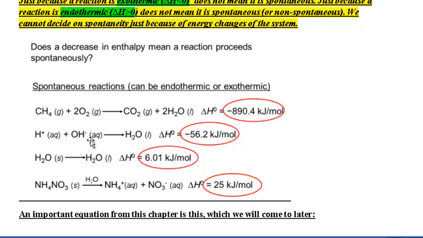Left to their own devices, H2O solid will go to H2O liquid. Left to its own devices, H plus and OH minus will give you water. Left to its own devices, methane and oxygen will combust. And left to its own devices, ammonium nitrate dissolved in water will dissociate into its individual ions. So that's what we define as spontaneity. Now in terms of entropy, order, you can see here that some reactions will give disorder.